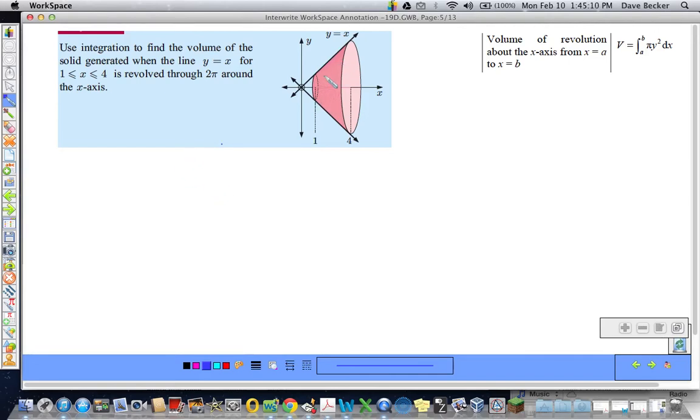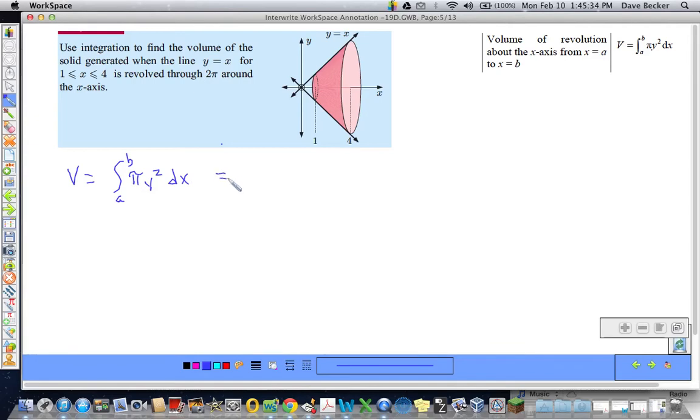So we're going to find the volume of this object, which was generated by taking the line y equals x and rotating it 360 degrees, or 2 pi, about the x-axis from 1 to 4. So the volume equals the integral from a to b, using the formula sheet, which I've pasted right here, pi y squared dx.